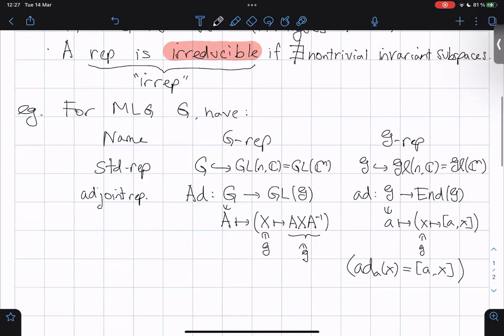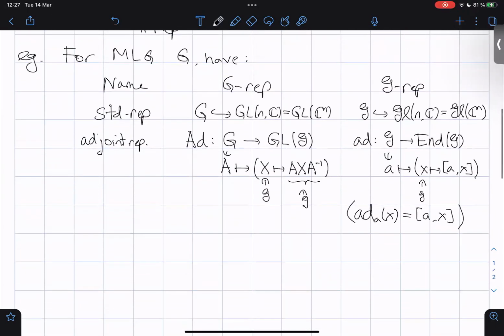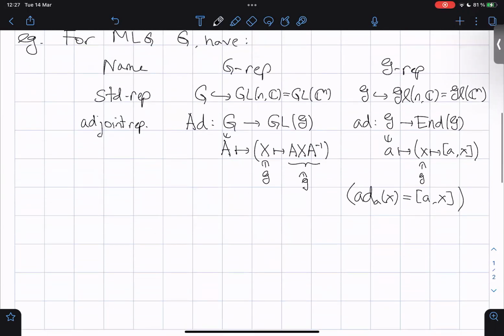Next set of examples. Let's start in dimension 1. Well, if the Lie algebra is of dimension 1 and I'm putting a bracket structure on it, first of all, it has to be skew-symmetric.